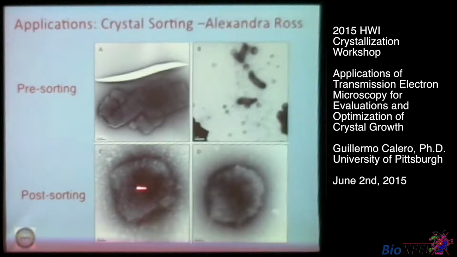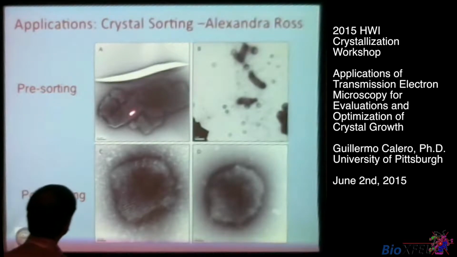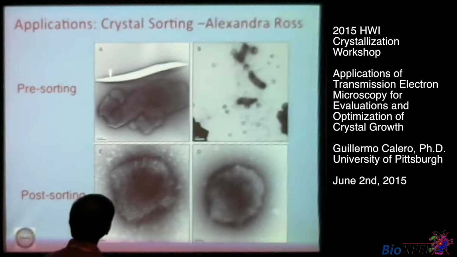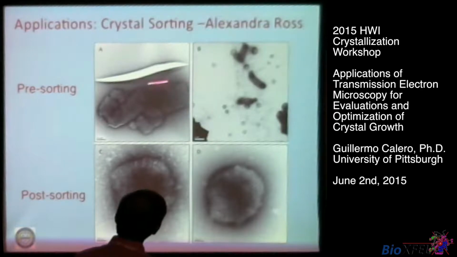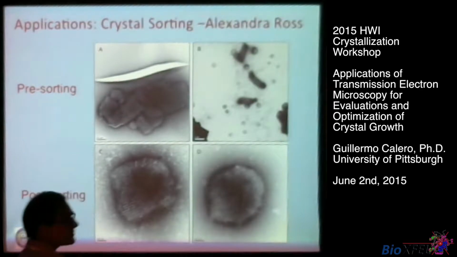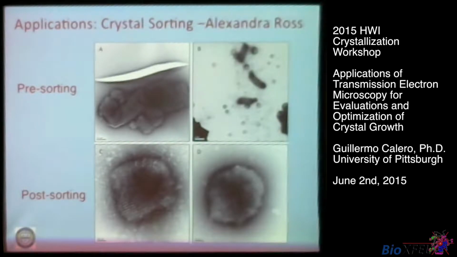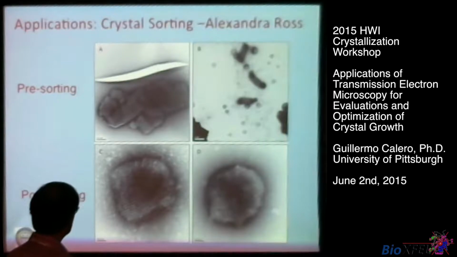This is an example of photosystem 1. This is the sample before sorting, and as you can see, you have very large aggregates of stuff. And even here you have some probably bacteria. This is before the samples were injected in her device. These are samples after sorting.